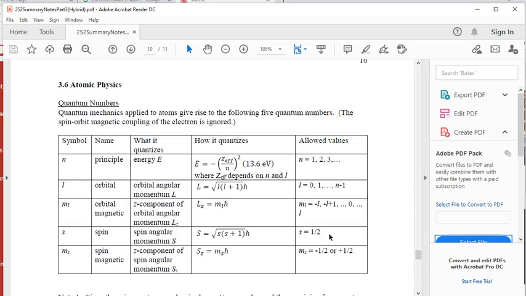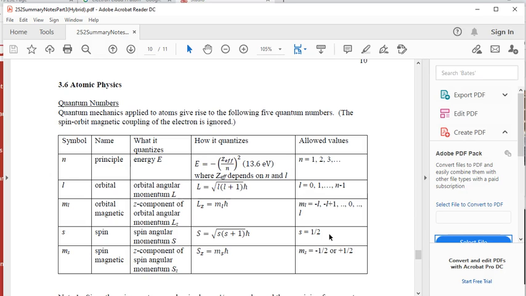So the principal quantum number is still there, but you have to include the total angular momentum if you include this spin-orbit magnetic coupling. So we're just going to neglect that. So our set of quantum numbers is a simplification, but that's okay.